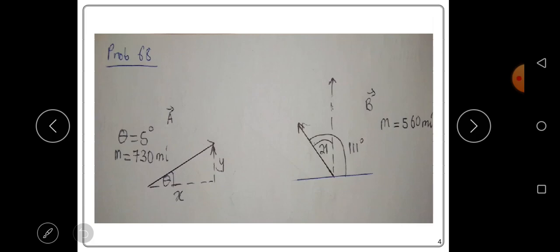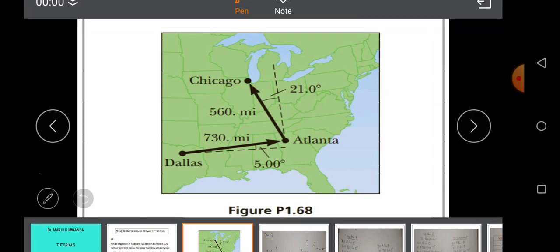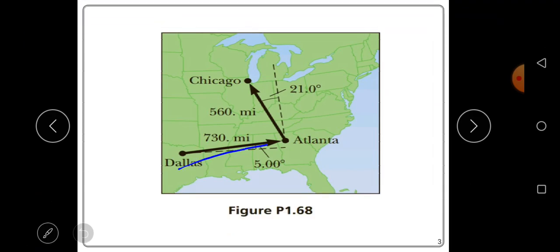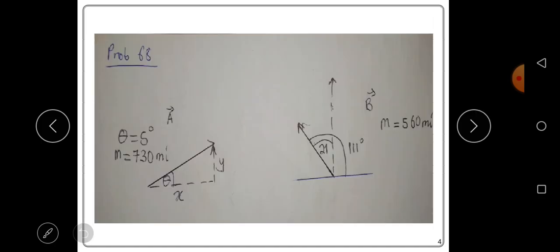So let's assume this vector is vector A. Then this vector is vector B. So in the next diagram, this is vector A, this is vector B. So if this is vector A, we said that we need to find the components of this vector.